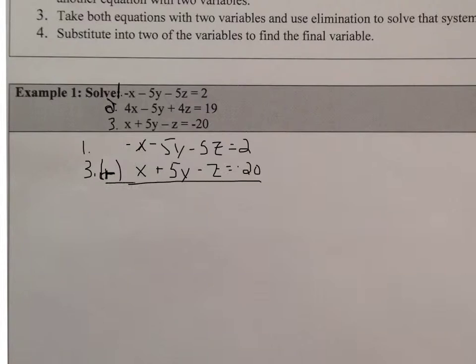When I do this adding, I see my x's get eliminated, and my y's get eliminated when I add the negative 5 and the plus 5. And I would get negative 6z equals negative 18. Well, that's going to get our answer for z if we solve for z in this equation. Divide by negative 6, and we get z equals 3.